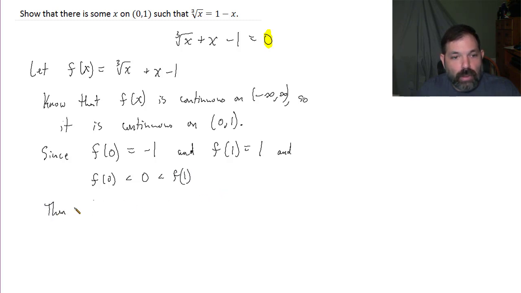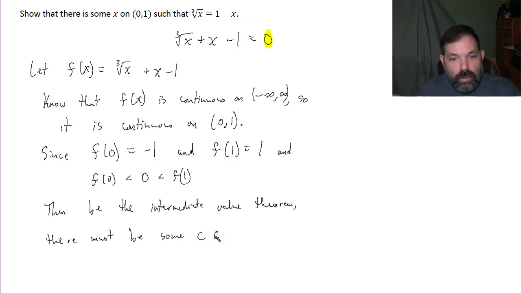Then, by the intermediate value theorem, there must be some c on the interval (0, 1) such that f of c equals 0.